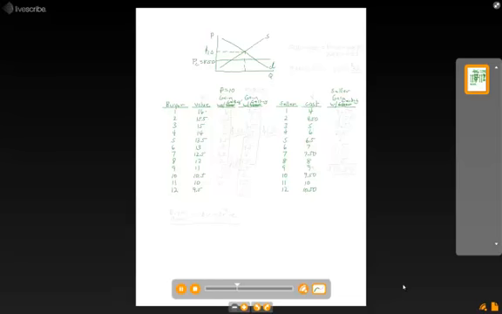Okay, so the first thing that they want us to do is to calculate the gains that sellers will have if in fact we have a price ceiling of $8.50. To calculate the gain to the seller, we're going to use the equation that the seller gain is equal to the price minus the seller cost.